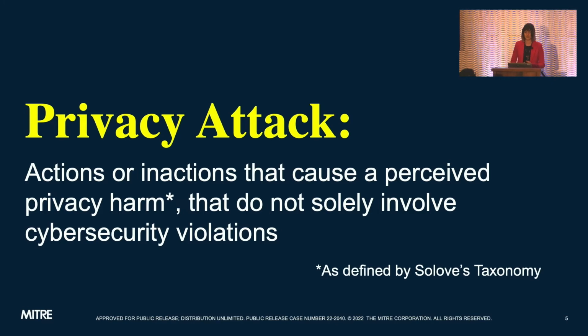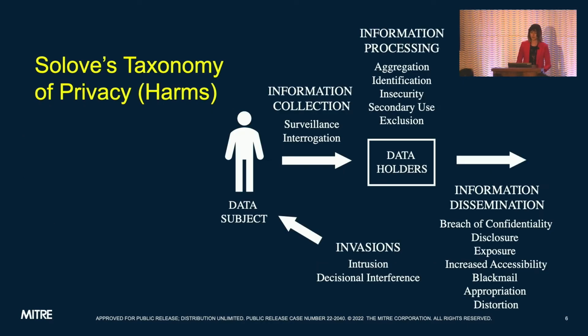And let's dive deeper into two of the components of this definition, Solove's taxonomy and the cybersecurity violations. I'm sure many of you are familiar with Solove's taxonomy. It's an ontology for privacy harms that was developed in the mid-aughts. It's held up to scrutiny. It's used in many different research contexts. And it divides privacy harms into 4 different categories: information collection harms, information processing harms, information dissemination harms, and invasion or invasive harms.